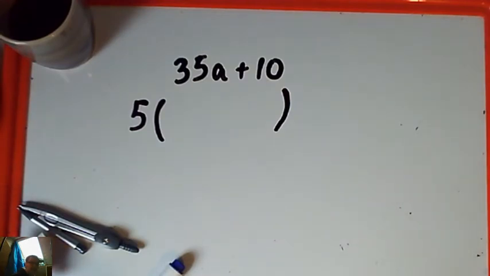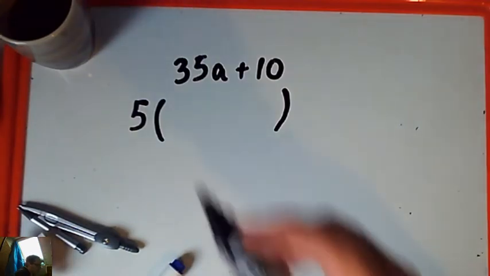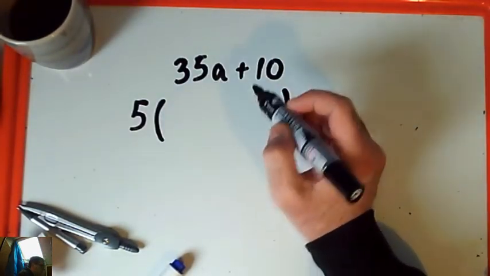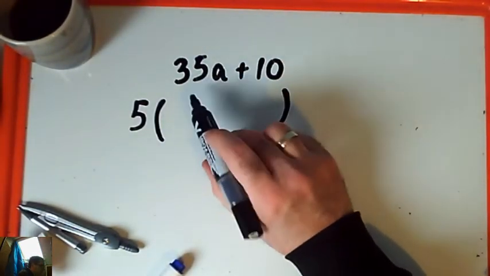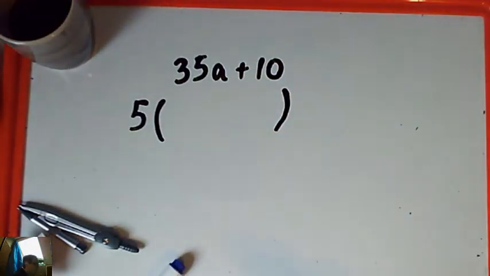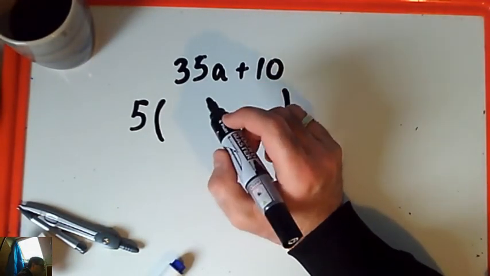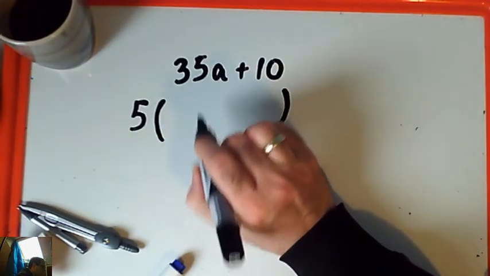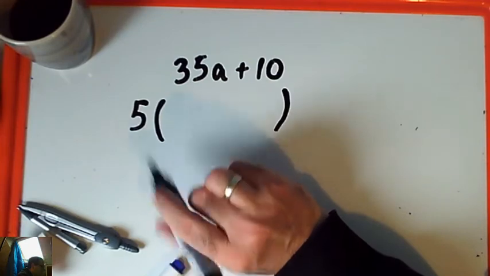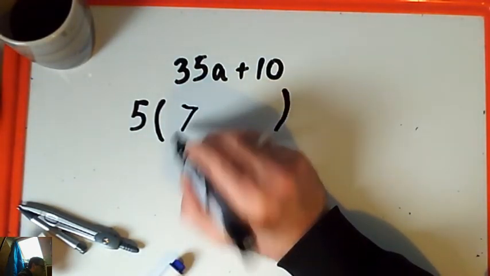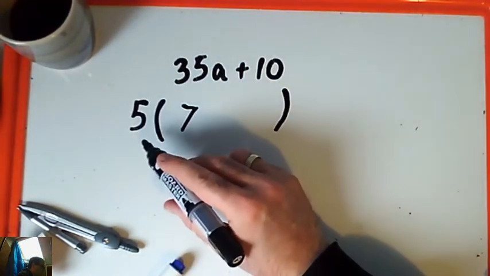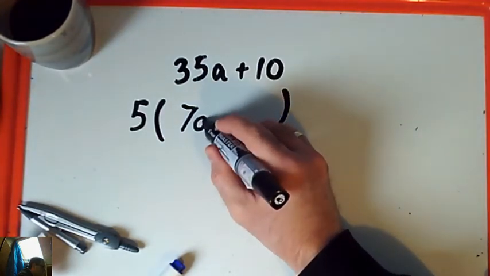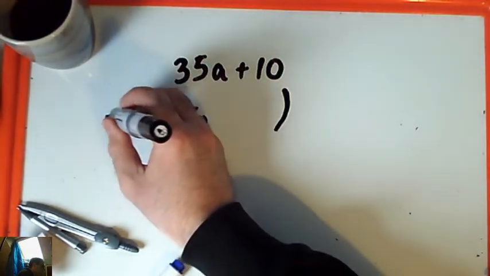So you can look back on that if you wish. But as it stands, I'm just going to do these by spotting the highest common factor, just working things out in my head. Okay, so the highest common factor is 5. That's the biggest thing you can divide 35 and 10 by. And then I'm asking myself the question, 5 times what inside the brackets will give me the 35a? So 5 times 7a will give me 35a.